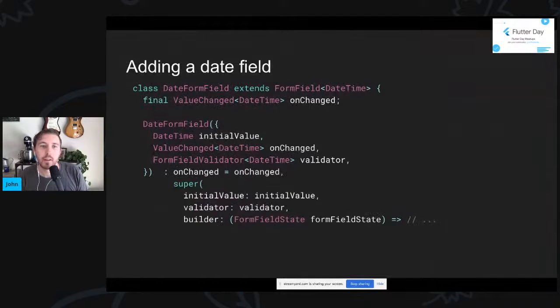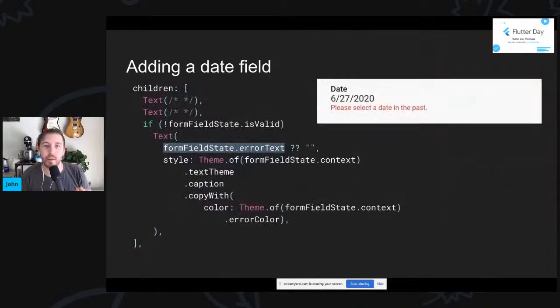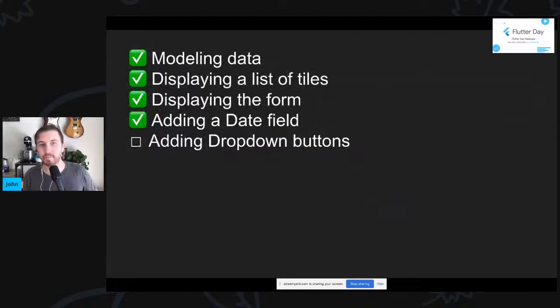So if we go back here, you can see at the very bottom here, we've got this form field state object. That's what we're going to use to, for example, get the build context. It's also what we're going to use to check if there's an error in this form field. So if there's an error, we just want to show a string representing the error. But you could do something much more complicated if you wanted.